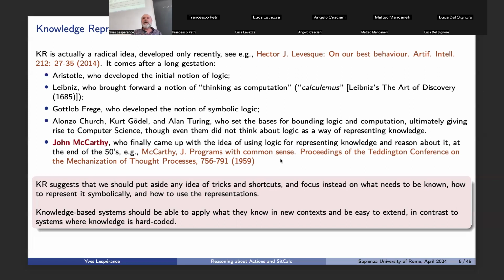And John McCarthy, together with Pat Hayes, is the originator of the situation calculus. So you can see that this framework we're going to talk about dates back all the way to the very beginning of AI.